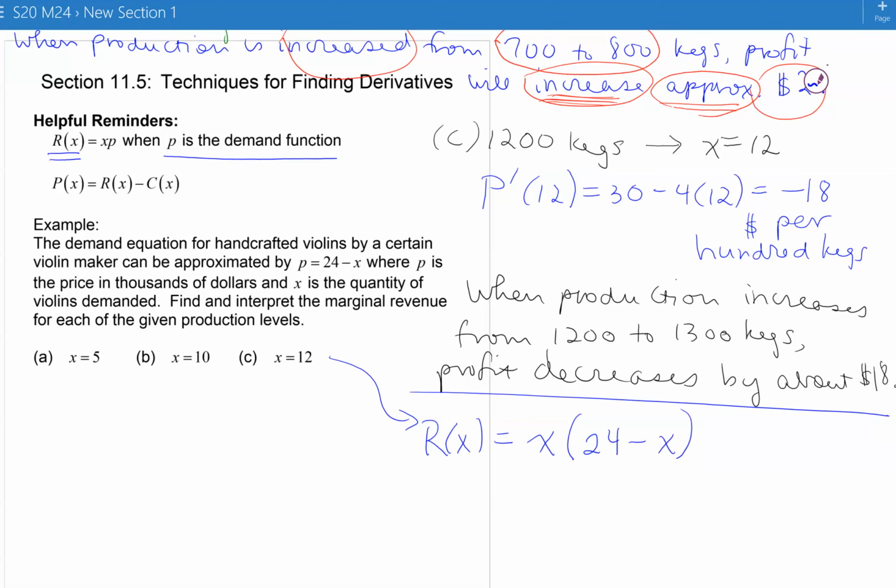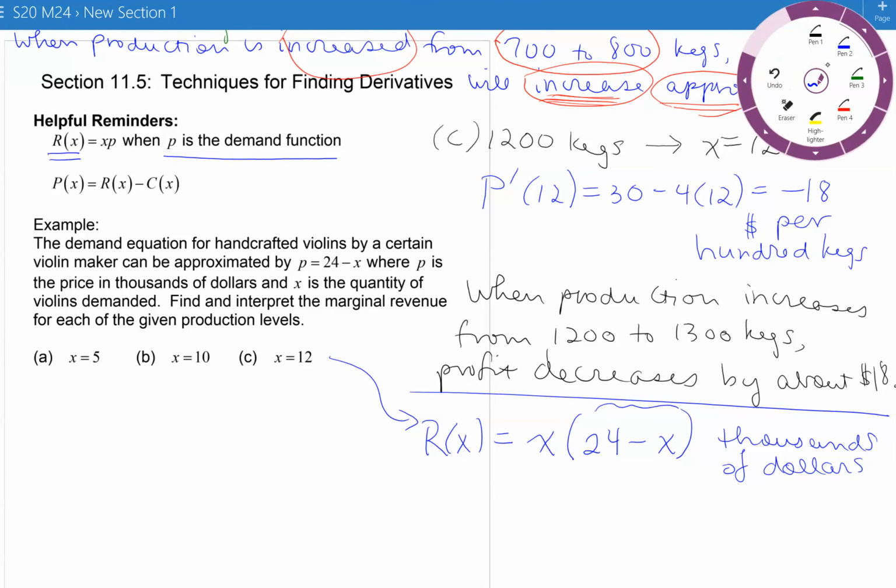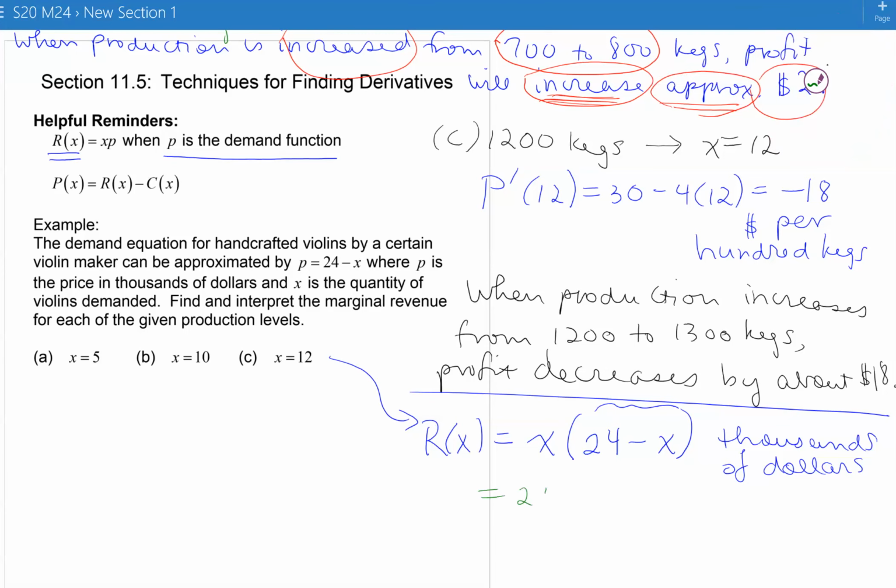So P is the price in thousands of dollars. So this revenue is going to turn out in thousands of dollars because you're taking that thousands of dollars price and multiplying it by how many am I producing. So let's simplify that a little so we just have a function that we can do the derivative of. So there's our revenue function.